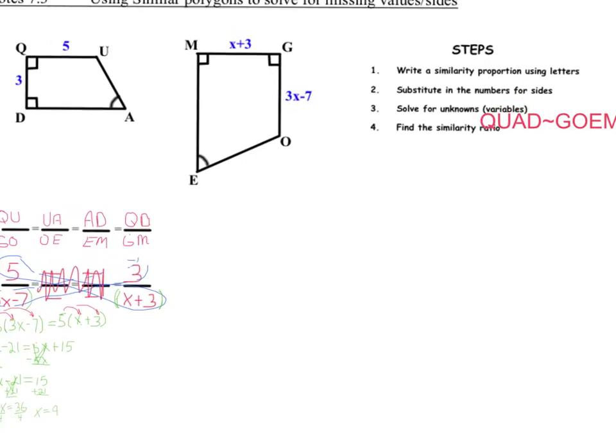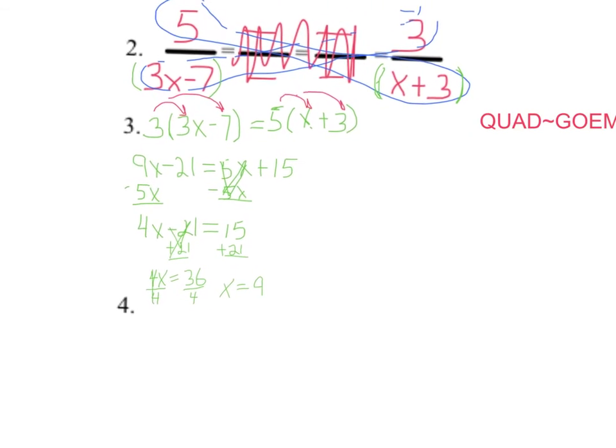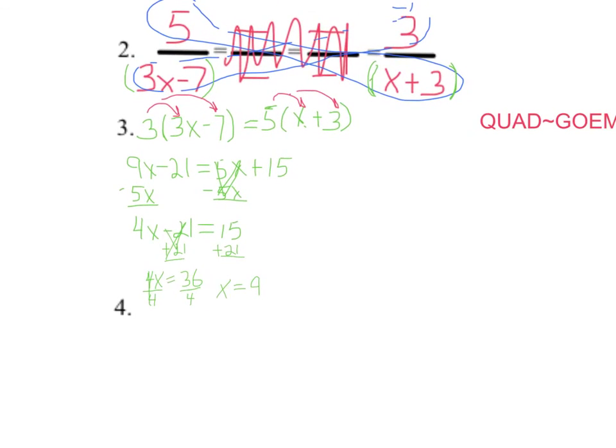So let's see, we'll just move ourselves back over, rewrite those. Looks like we have 5 over 3 parentheses 9 minus 7, and that equals 3 over 9 plus 3.